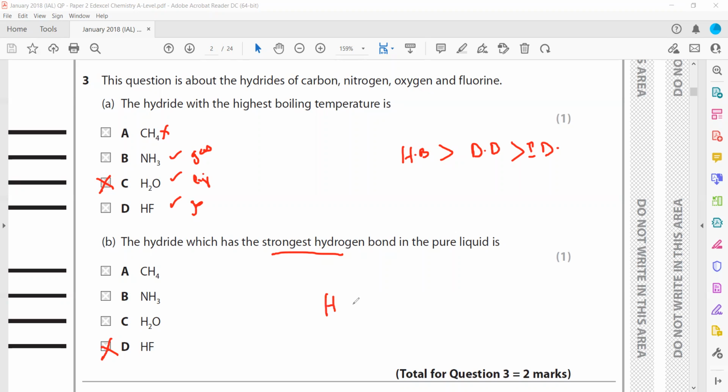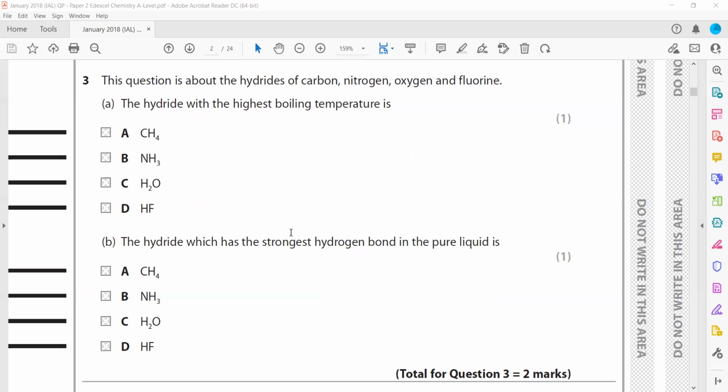When hydrogen forms a bond with fluorine, HF is there, and there is another. The electron pair is shifted more towards fluorine, and this lone pair also attracts hydrogen. So hydrogen is attracted towards the lone pair, and this is known as the hydrogen bond. So it is strongest when hydrogen is bonded with fluorine.